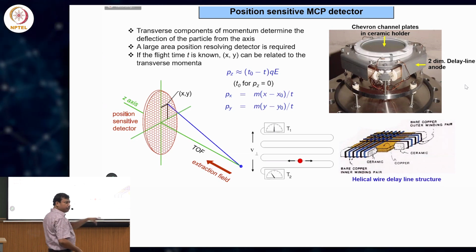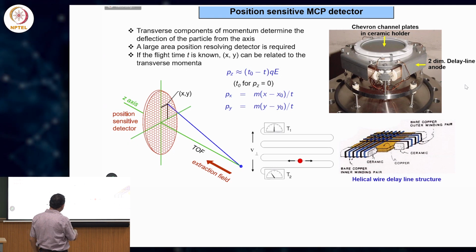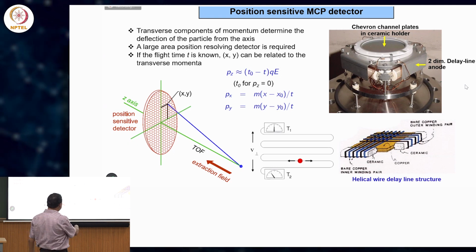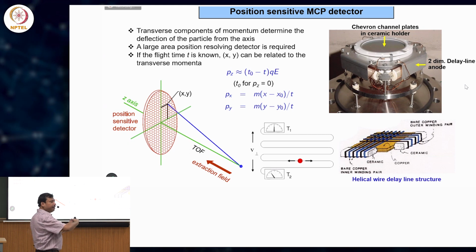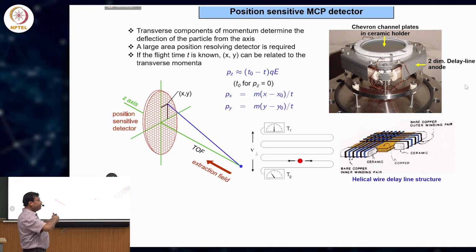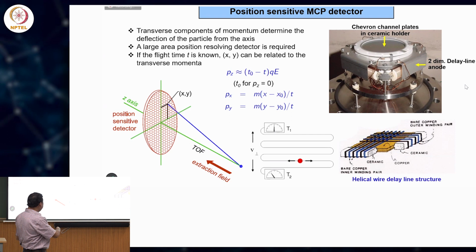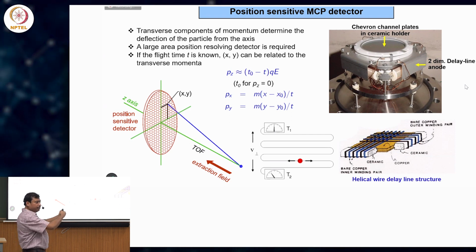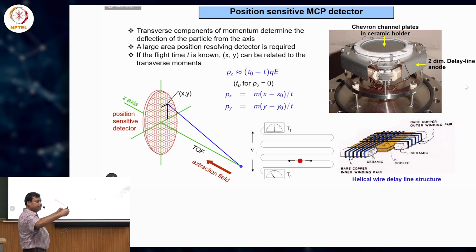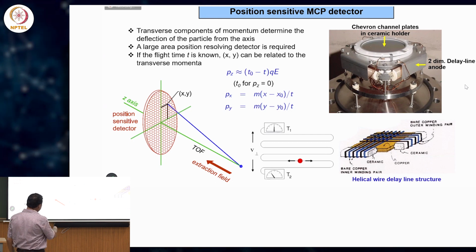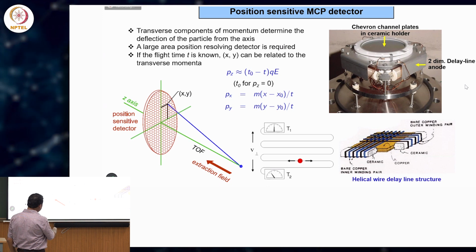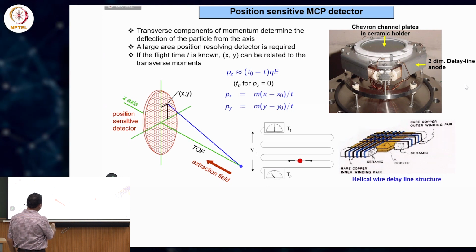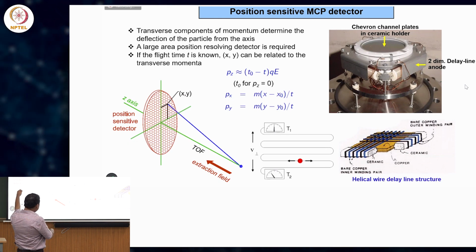This is actually called a kind of transmission line. There is a voltage on this line, and due to the electron cloud it will have two pulses, just a drop of the voltage, and they will flow in two directions. One part of this transmission line will be recorded by a timer at one end, and the other part by a timer at the other end.